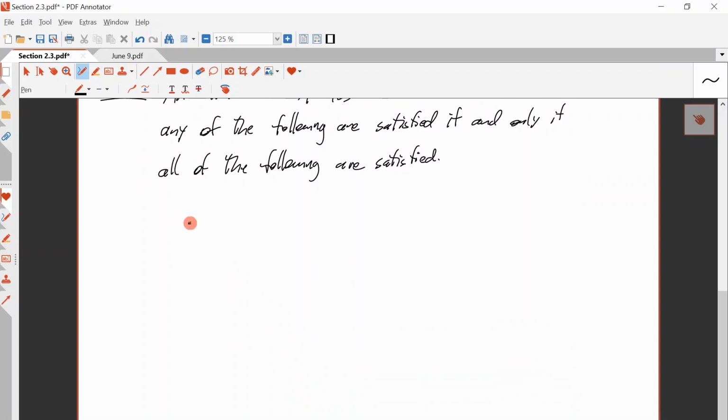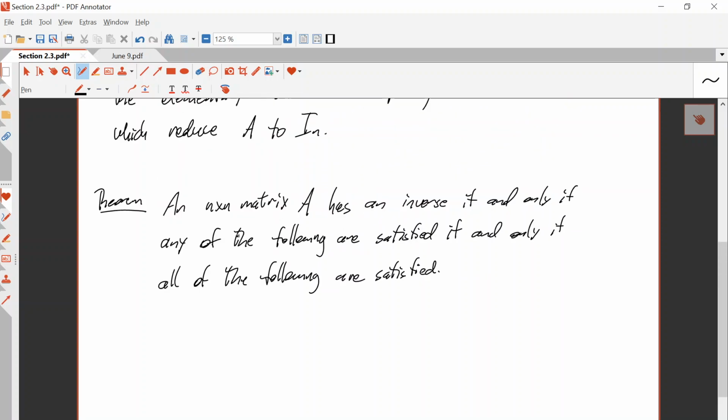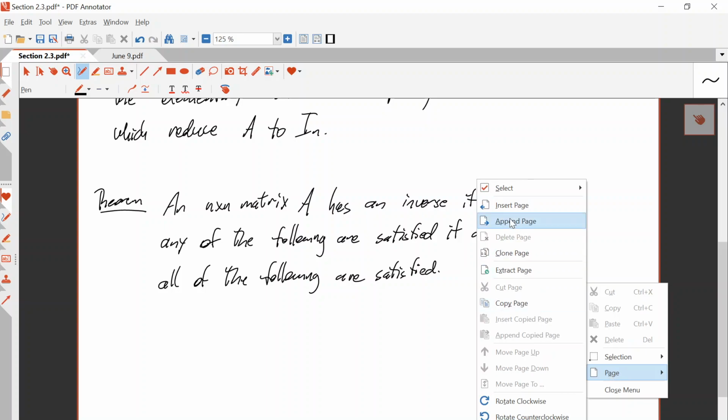All right, so let's see, I don't think I have enough space to do it on that page. Let's do it on another page.